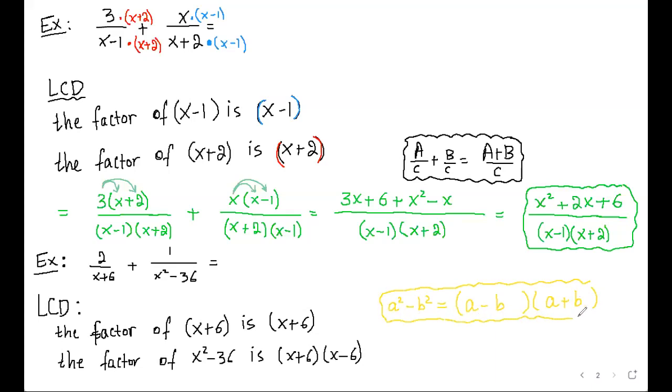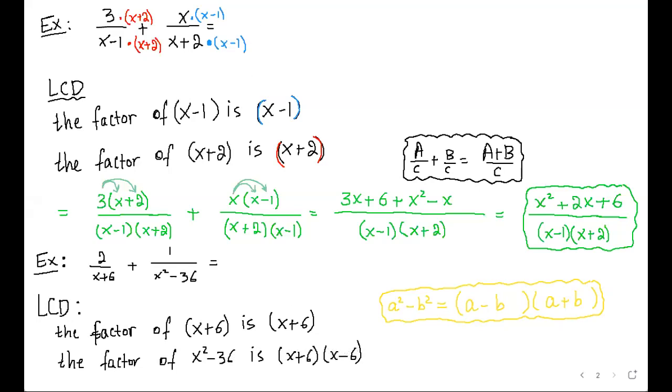So again here, x squared is a squared, look here, minus 36. 36 is actually 6 squared. And this is equal to a plus b times a minus b, x plus 6 times x minus 6.